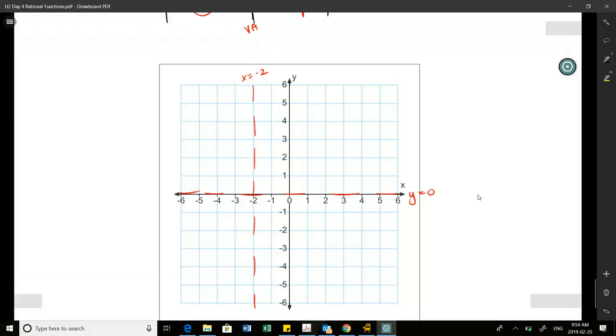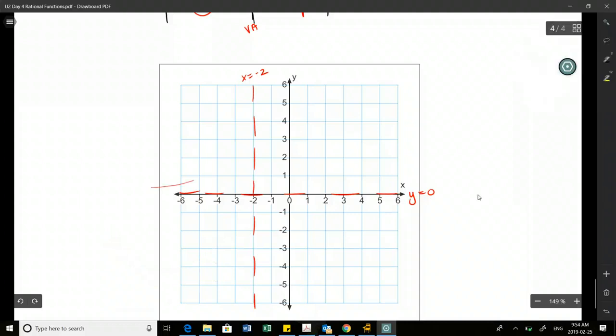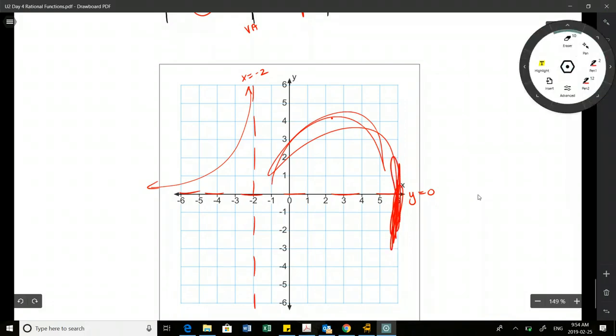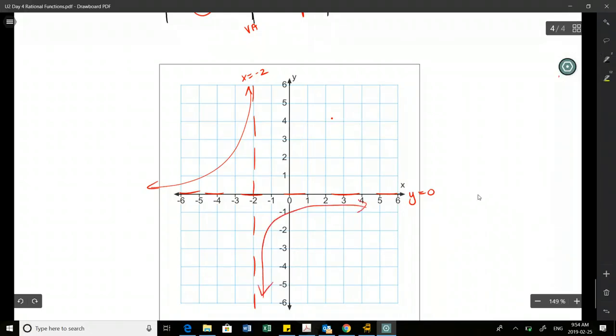Well, I could have concave up down here somehow, but we can see that that's going through all of my asymptotes, so that's probably not happening. So I probably have concave up above the x-axis, and it's probably just wrapping around those two asymptotes like so. Okay, and then if I have concave down, of course it can't really be over here, because again, I'm going through my asymptotes if I do that. So it's probably concave down and below the x-axis, kind of like so.